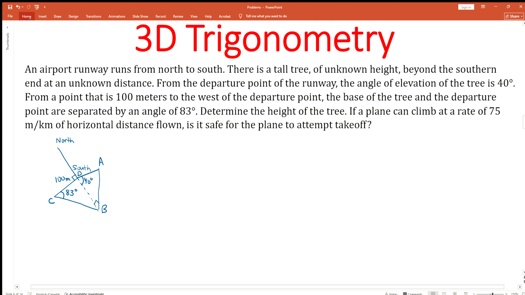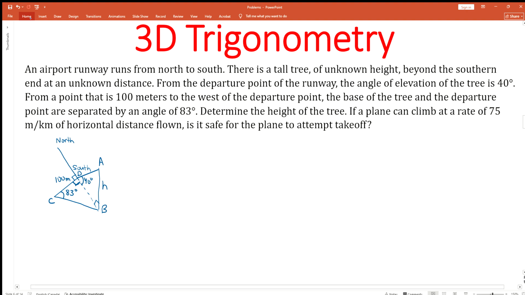Triangle BCD is along the ground, and this triangle is also a right angle triangle because the angle between the directions north, south and west is right angle or 90 degrees. We have to find the height of the tree. Let's assume the height is h. As per this diagram, triangles ABD and BCD share side BD.